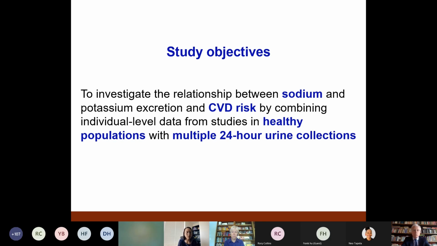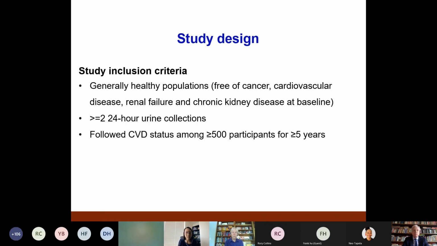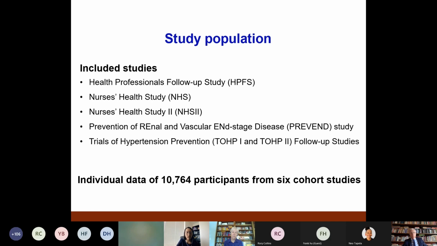And also, given the close interrelationship between sodium and potassium in blood pressure regulation, we also assessed potassium excretion as the secondary exposure. We included the studies that were conducted in healthy populations with at least 2 24-hour urine collected among more than 500 participants. And ultimately, 6 cohort studies from 3 research groups were eligible.